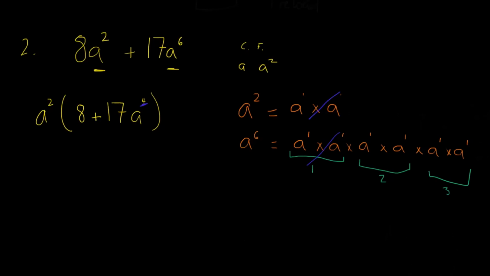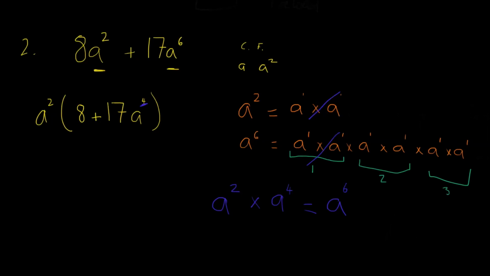Okay, because what I've done is I've just said I'm taking a squared outside, and if I do this, what does that equal to, ladies and gentlemen? That is equal to a to the power of 6.